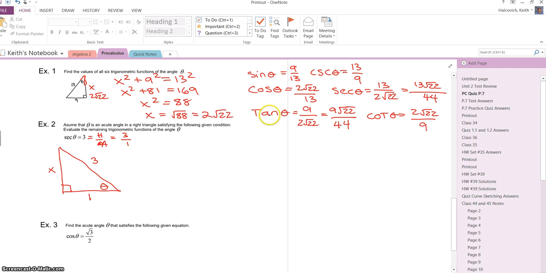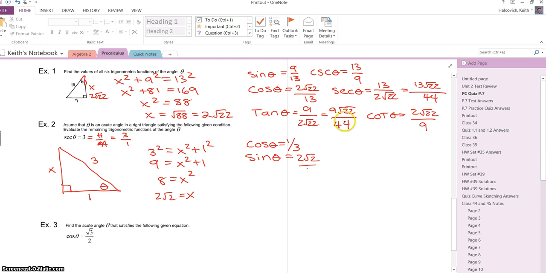Now you need to do the Pythagorean theorem to find the missing side. So 2 rad 2 is equal to x. So the secant is 3. The cosine, which is the reciprocal of the secant, would be 1/3. The sine is going to be 2 rad 2 over 3.